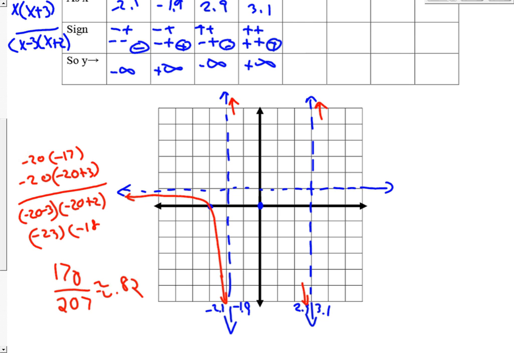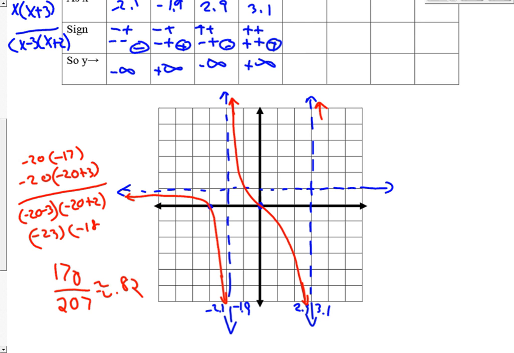So then, in the middle, we can see we've got two arrows. On the left side it's going up, on the right side it's going down. We have an x-intercept, so we don't need to do any testing of values in the middle. We can go ahead and draw our S-curve graph going through the middle.